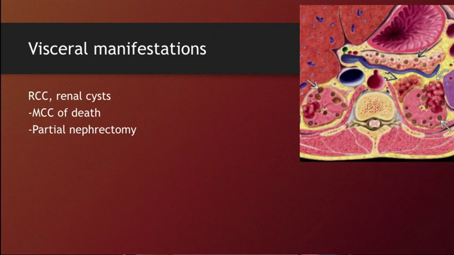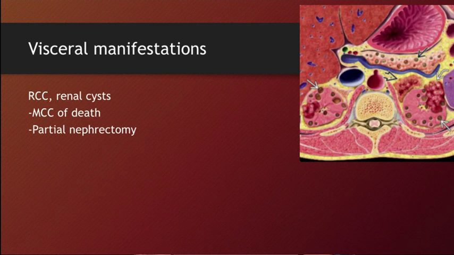Now, what are the other visceral manifestations? As you can see in the schematic diagram, these are the two kidneys. We can see that there are multiple RCCs, there are multiple renal cysts which are developed. Apart from that, this is the pancreas. In the pancreas, what you can see is that there are multiple pancreatic cysts which you can see here.